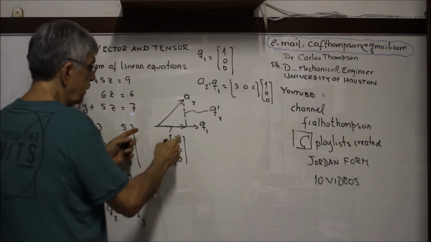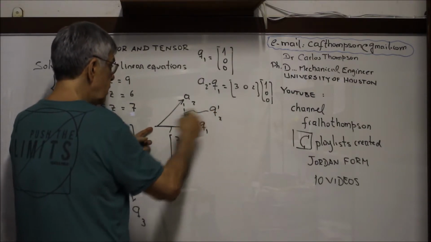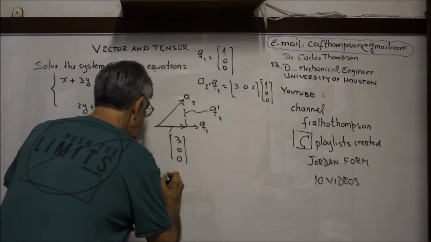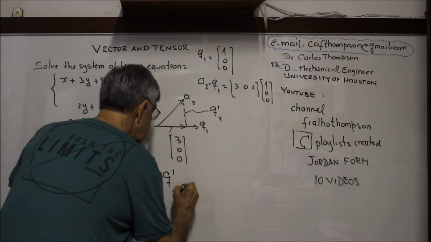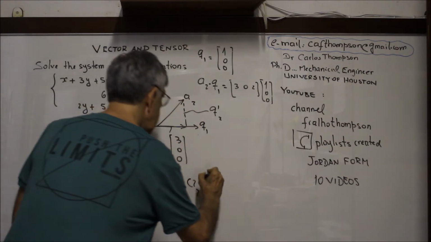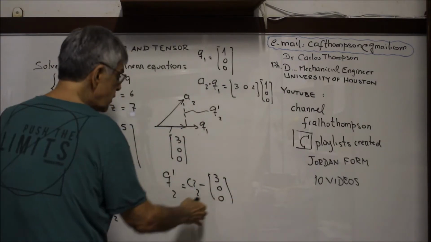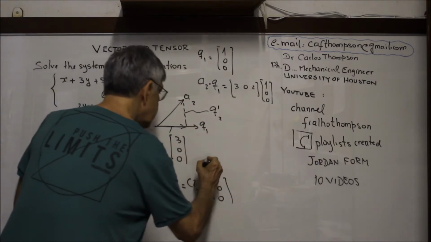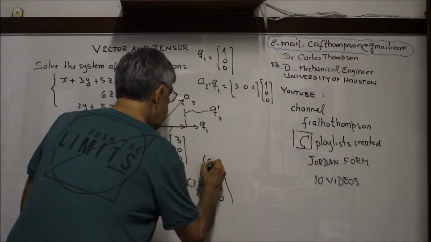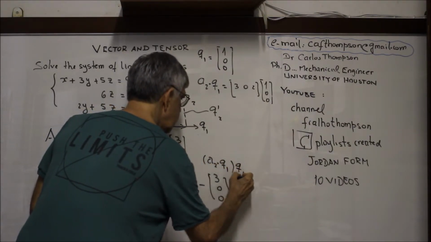So, this vector here plus q prime 2 is equal A2. So, q prime 2 is equal A2 minus 3, 0, 0. Okay? What is 3, 0, 0? I already did. This is A2 dot Q1, Q1.